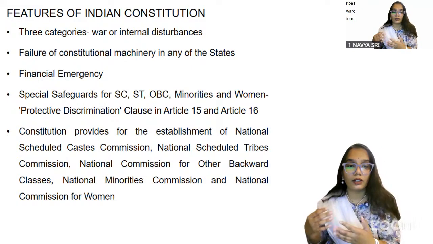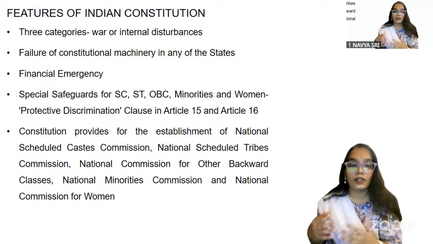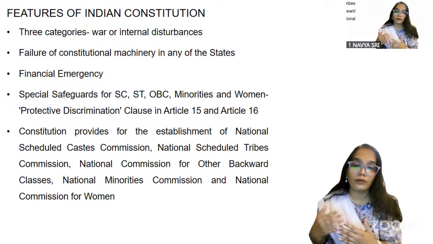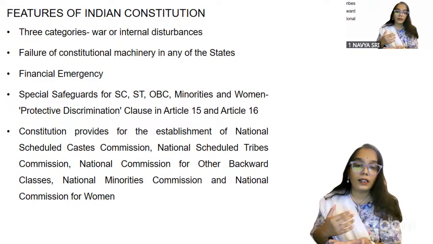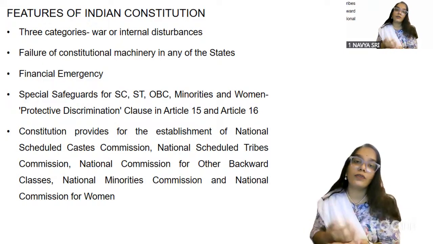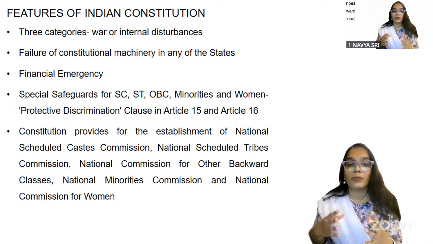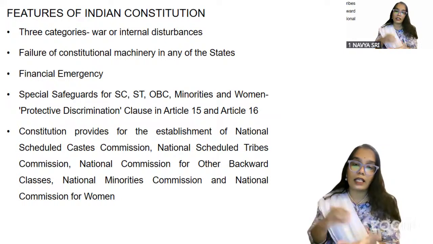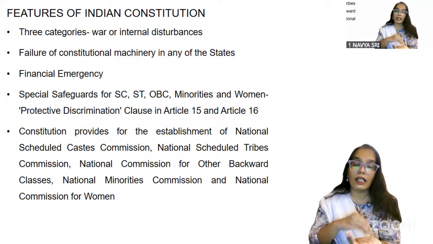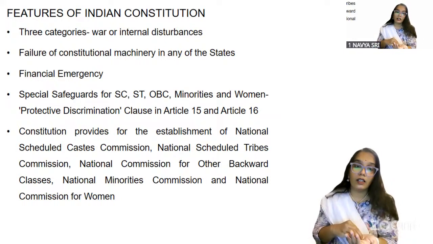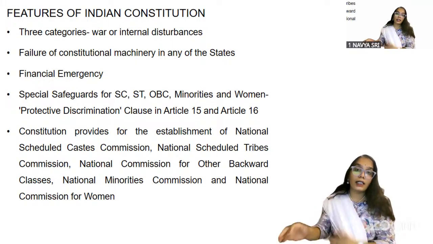Establishment of the National Scheduled Caste Commission, National Scheduled Tribe Commission, National Commission for Backward Classes, National Minorities Commission, and National Commission for Women. Through such commissions, the Constitution addresses that the protective discrimination clause has been safeguarded, helping in safeguarding the rights of these certain categories.